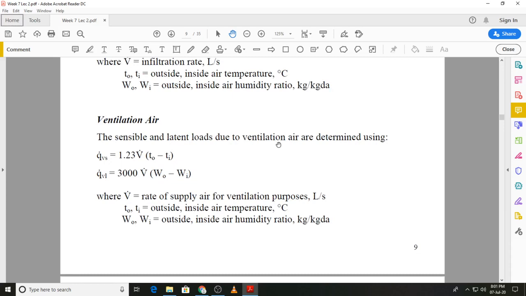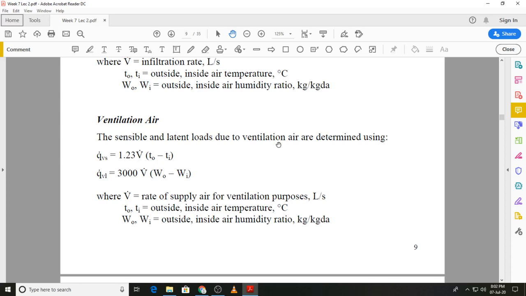And finally, ventilation. Ventilation is again calculated by using the same equations that we have for calculating the load due to infiltration. This time, however, the volume flow rate due to ventilation will be different, and that volume flow rate will depend on the type of activity inside the conditioned space and other factors inside the conditioned space.